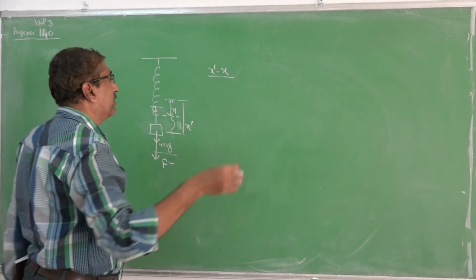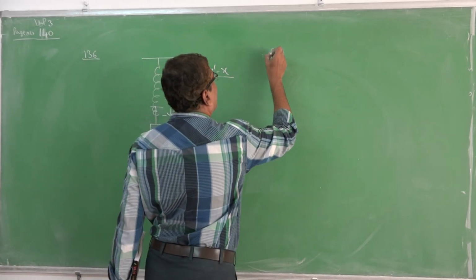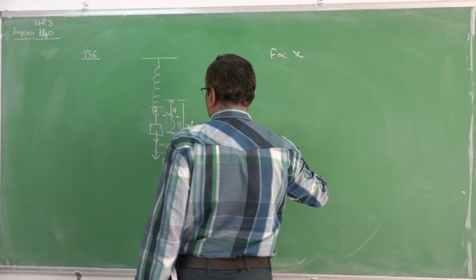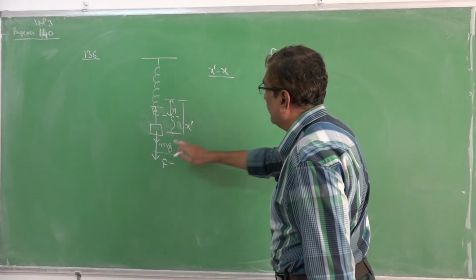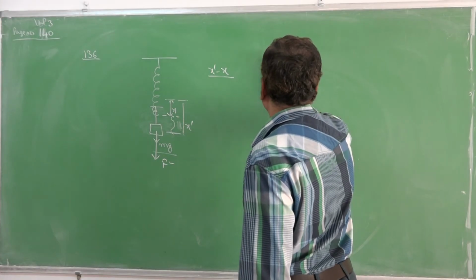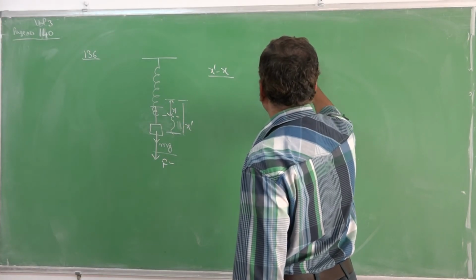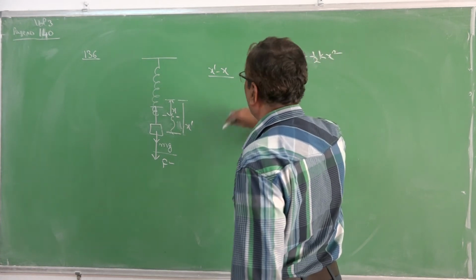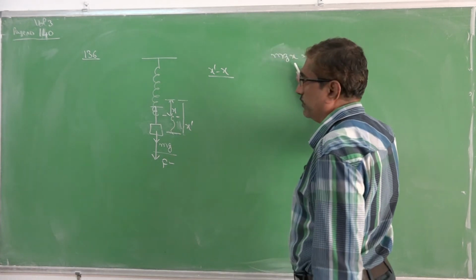So how can we calculate it? F is proportional to x, as we know. Here, in the first case, mg x is equal to half k x square. That means the work done by the gravitational force.